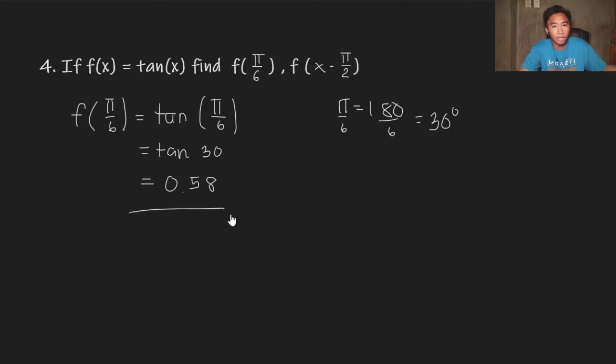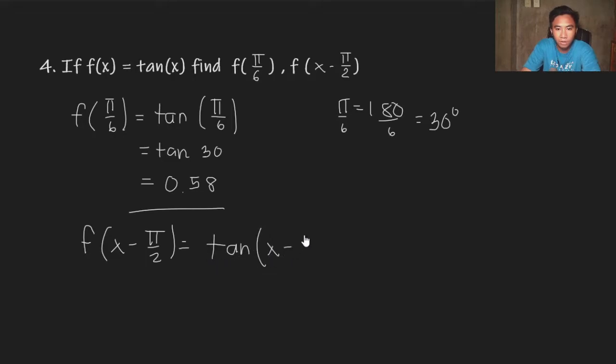Next is f of x minus pi over 2. So, just substitute: tangent of x minus pi over 2.